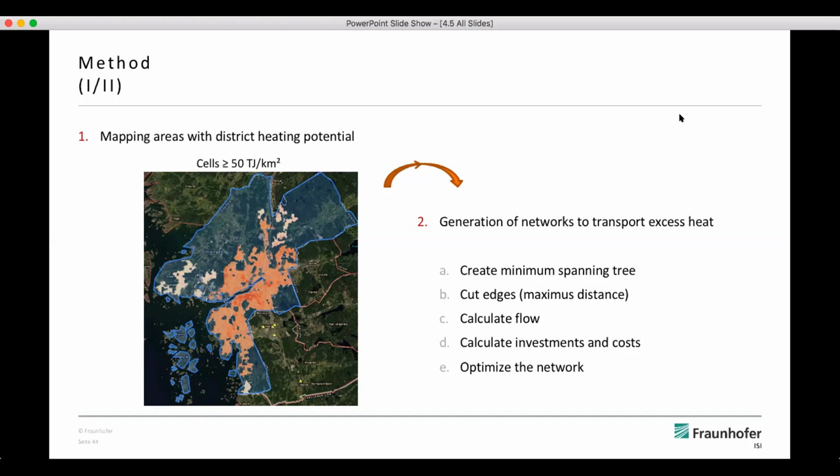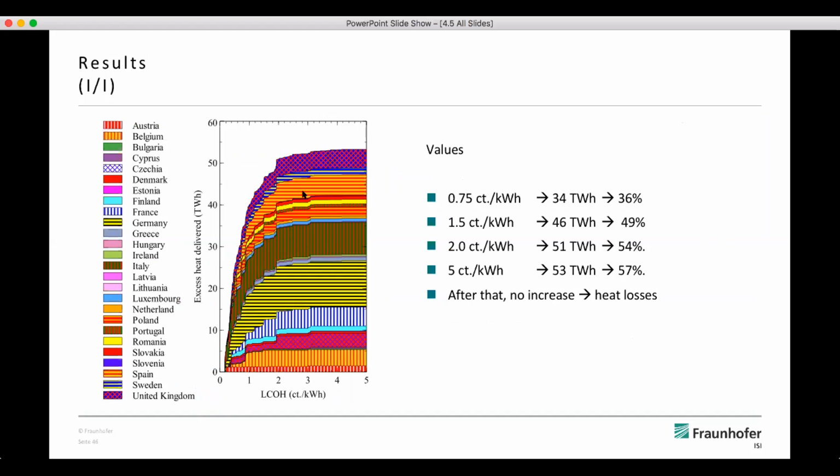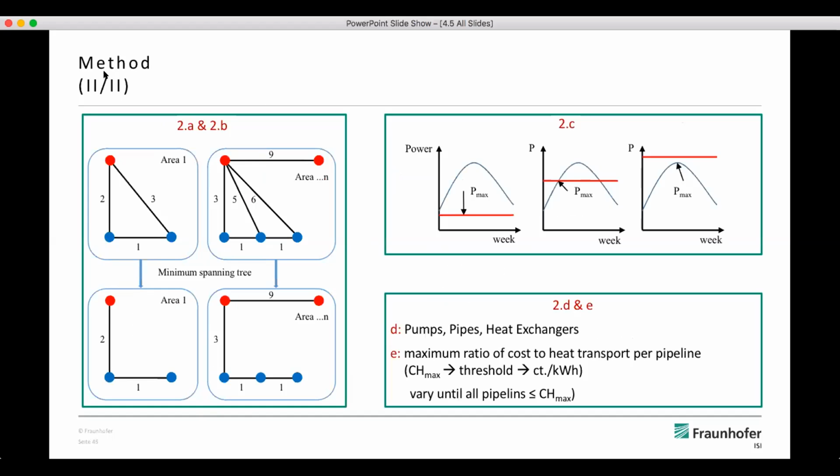So we have data on excess heat, and the first task is to connect these triangles to these areas. What we are doing in the first step is creating edges and nodes to connect all potential heat sinks and heat sources.